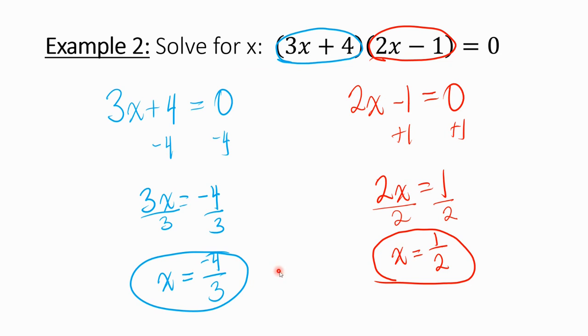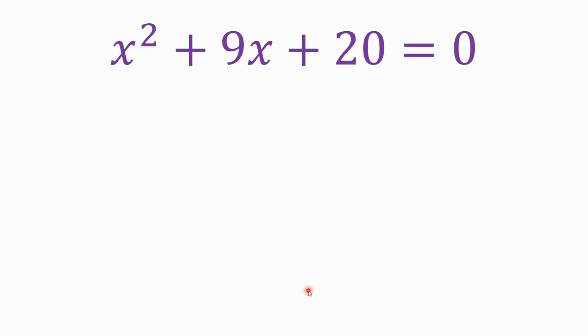Alrighty, nothing too crazy here. But what if they give us one and they tell us to solve it by factoring, but it doesn't already look like something times something? Well, the good news is we learned how to do that, right? We learned how to take polynomials that look like this and change them into two binomials multiplied together. So I'm looking for factors of 20 that when you add them up give you 9.